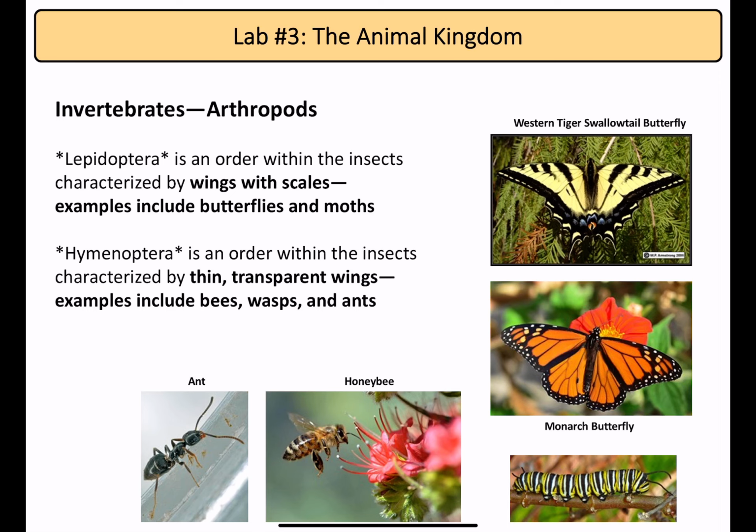Then we have our last order of insects, Hymenoptera, and these include insects that have thin, transparent wings. Some of them have lost their wings or only have the wings on certain sexes, like for instance the ants. But this group includes bees, wasps, and ants. So insects are also very important pollinators as well.